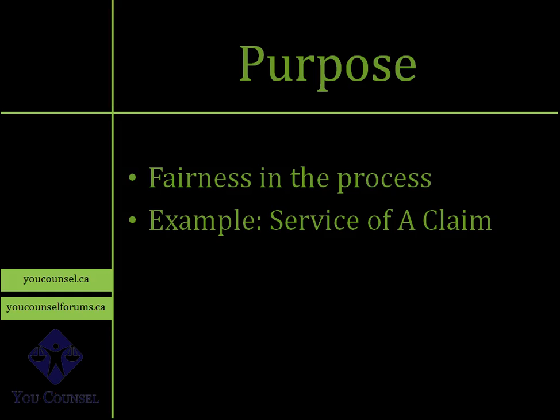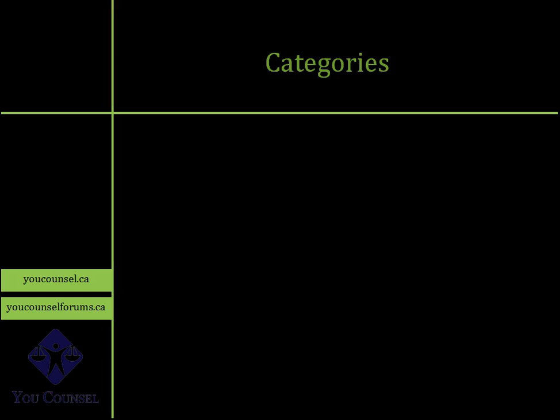There are a large number of processes relating to claims and defense: how you serve them, how many days you have to respond, how you do examinations for discovery, and how you set matters down for trial. I'll review that briefly to show you what kinds of rules are out there in the rules of civil procedure. But this is the basic purpose of these rules, to ensure that there is fairness in the process.